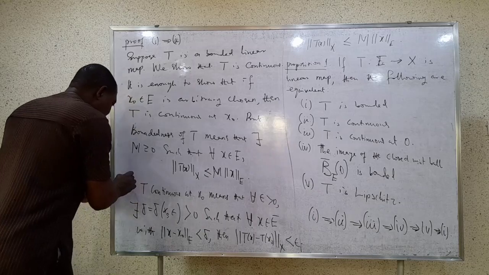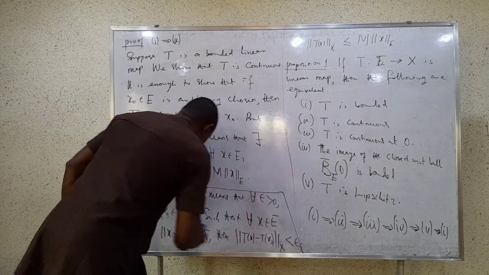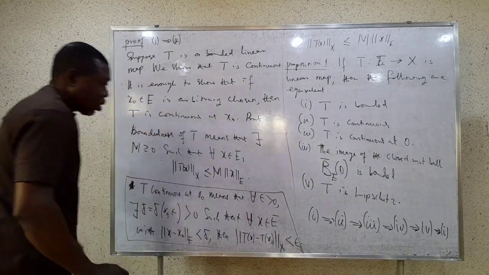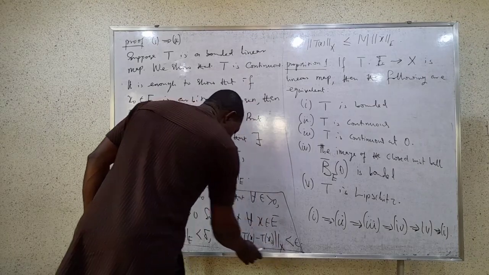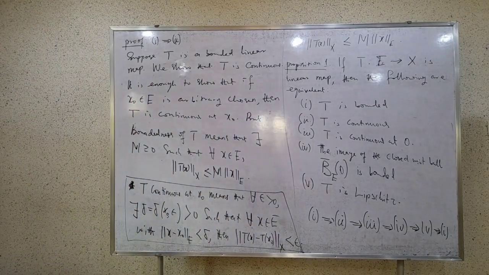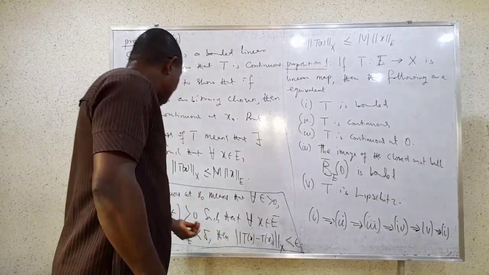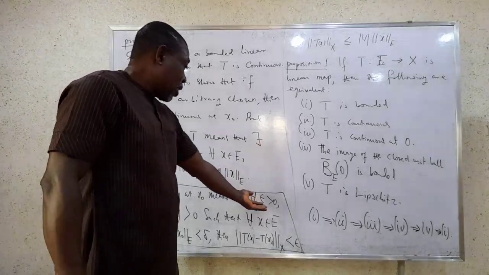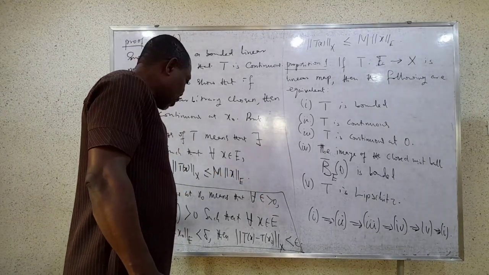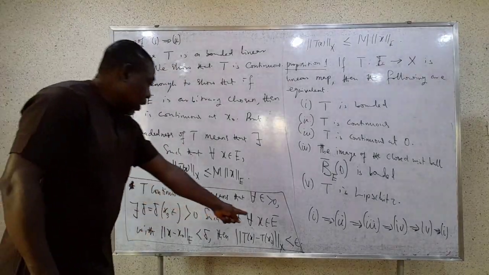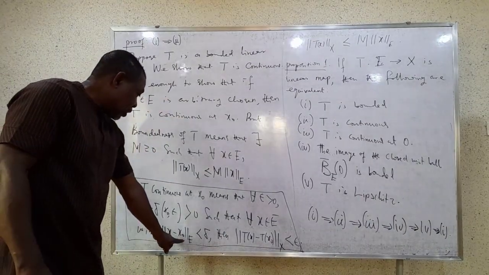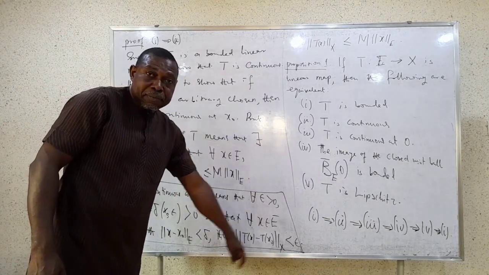This is actually what we want to achieve. If we're able to achieve this, we conclude that T is continuous. So what does this mean? It means we should try to compute, given epsilon bigger than 0, a delta for which this will happen. For any x in E that satisfies this condition, this will happen.